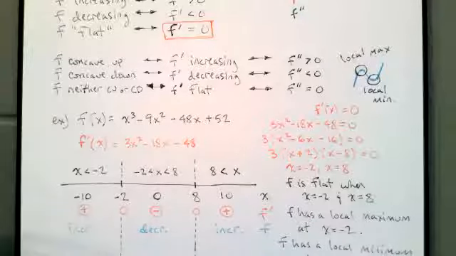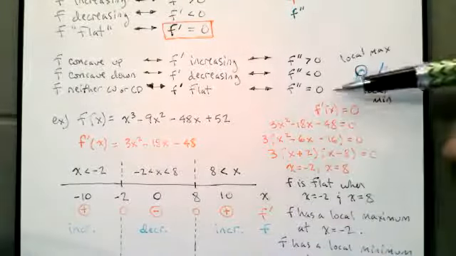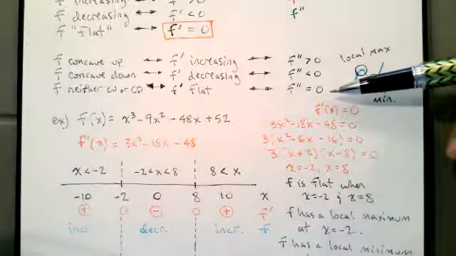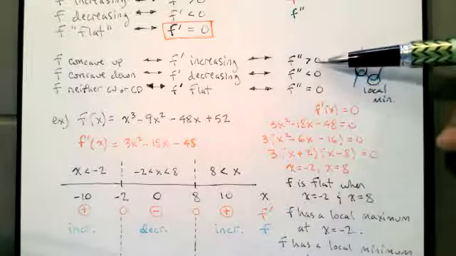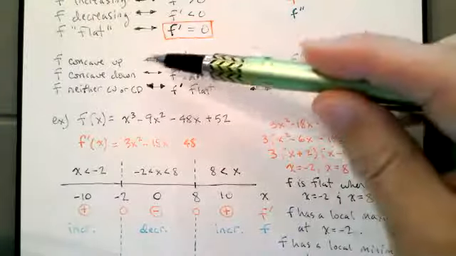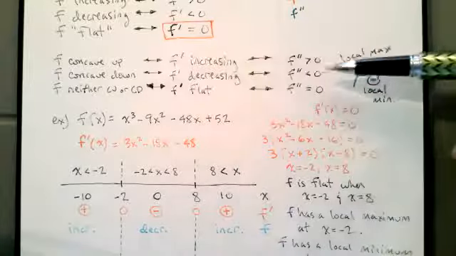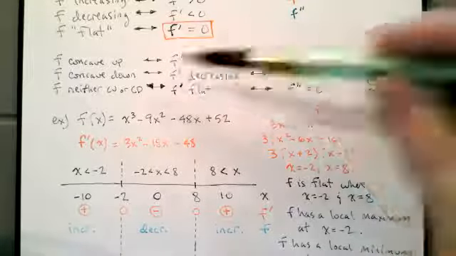Another thing to note is that we can look at the second derivative, and the second derivative can tell us if we have a local maximum or a local minimum. The second derivative tells us about the concavity of a function at a point. If the second derivative is positive, the function is concave up, and if it is negative, the function is concave down.